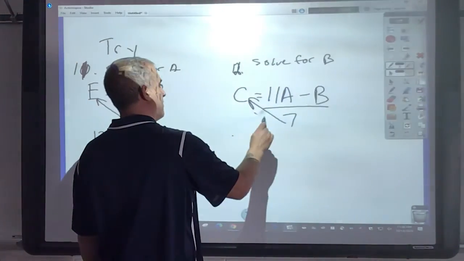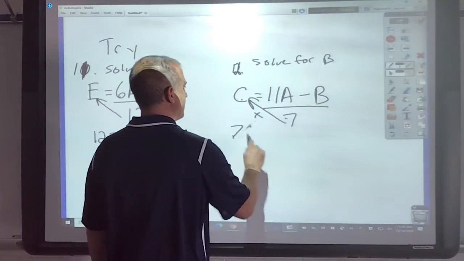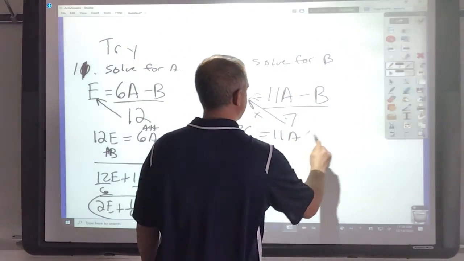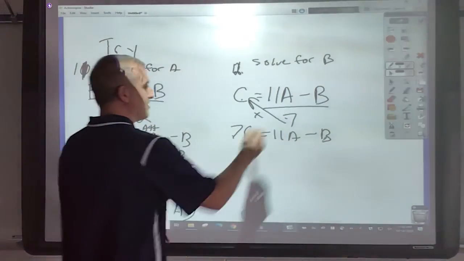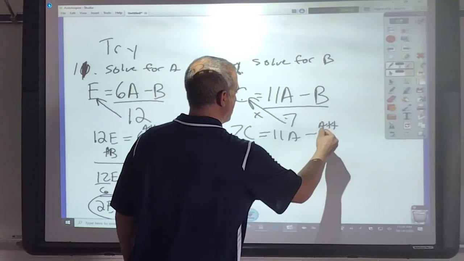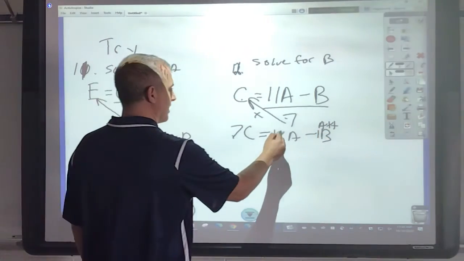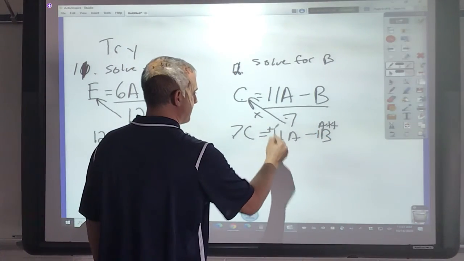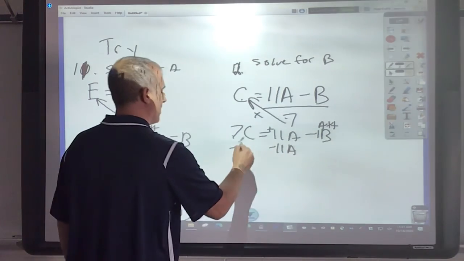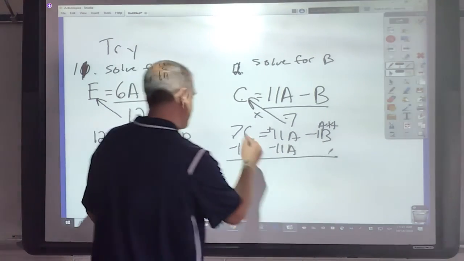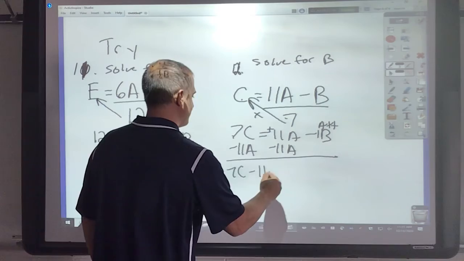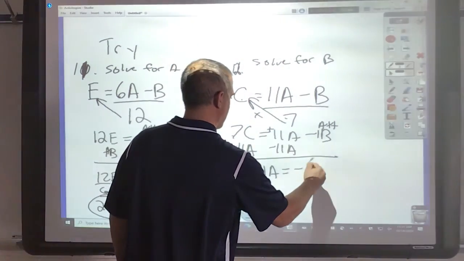Okay, solving for b. First thing I'm going to do is cross multiply that. 7 times c would be 7c. 11a minus b. Now this is the attached, which is a negative 1b. So I got to get this away, and that would be a positive 11, so minus 11a. Since they both have letters, I cannot combine them. Negative 1b.